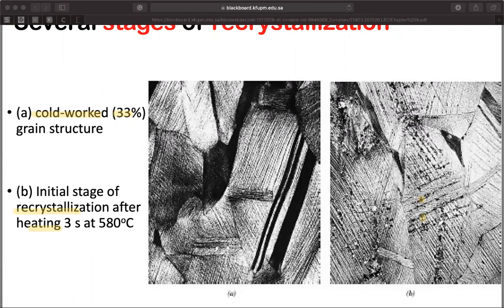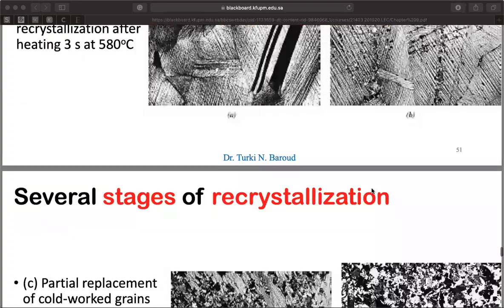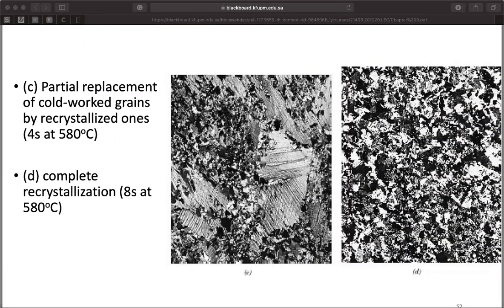And if you continue supplying the heat, those small regions will start to grow and grow until they completely replace the parent material. They will consume the original material.